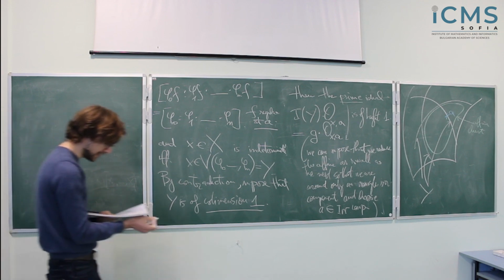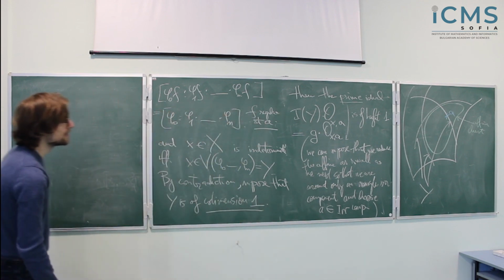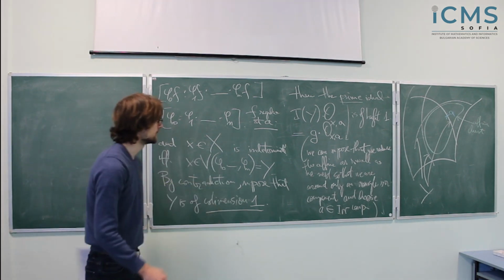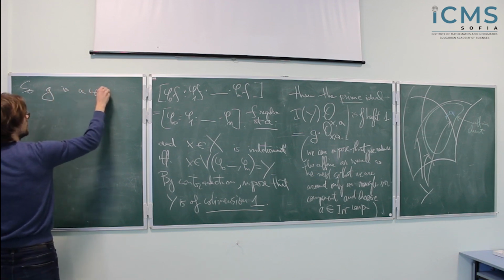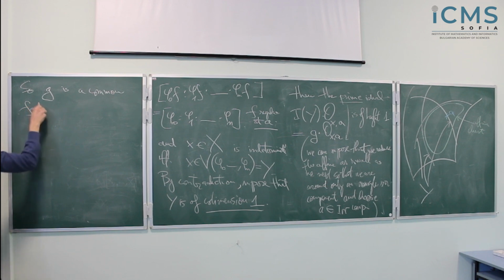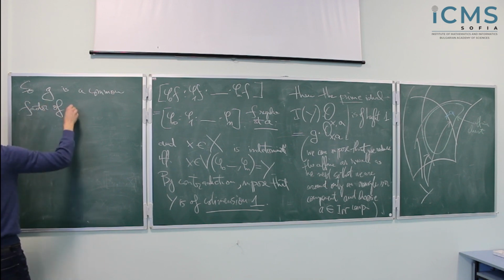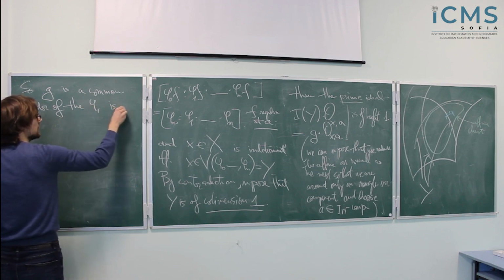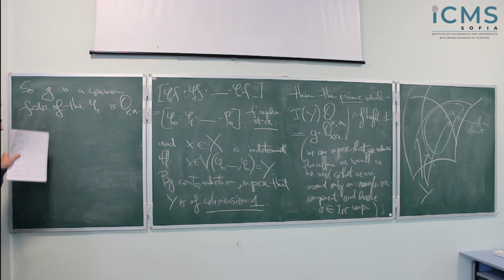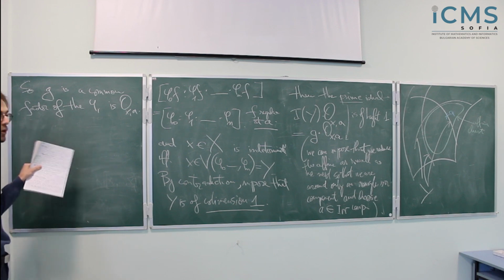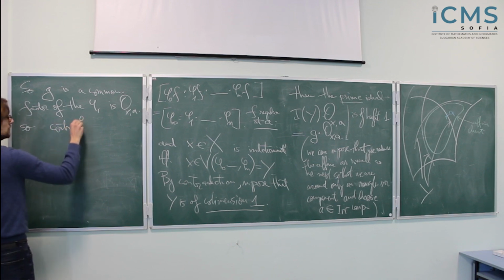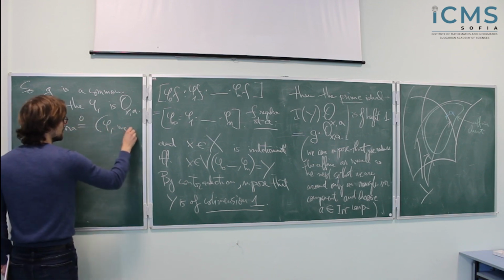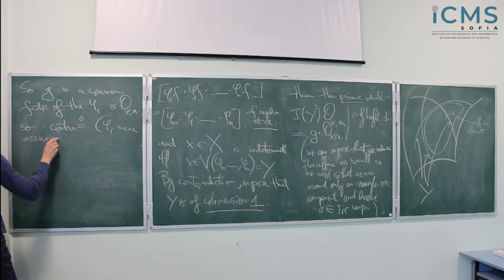But what is this g that we have here? g is going to be a common factor of the phi i's in O_{X,A}, which is a contradiction by what I just erased, supposing that the phi i's are coprime, because I factored out the GCD.